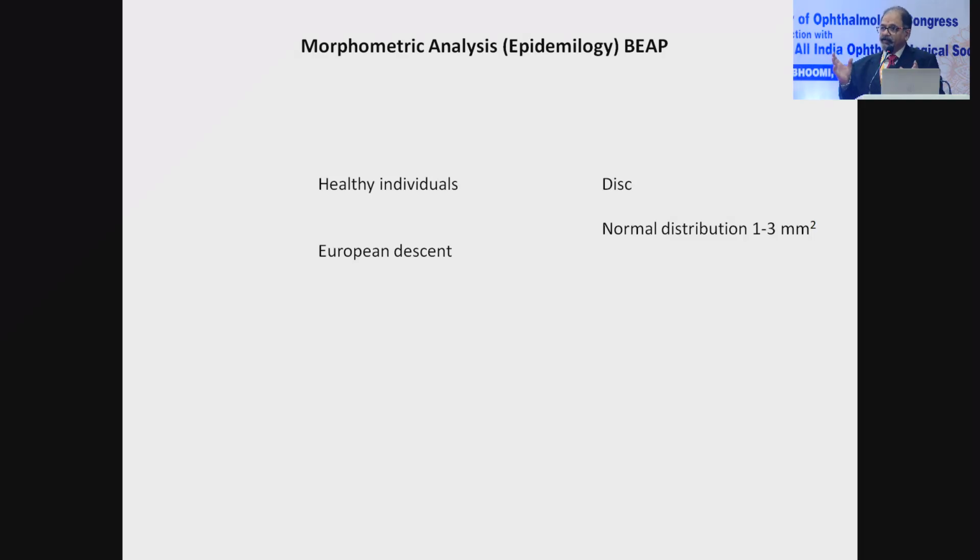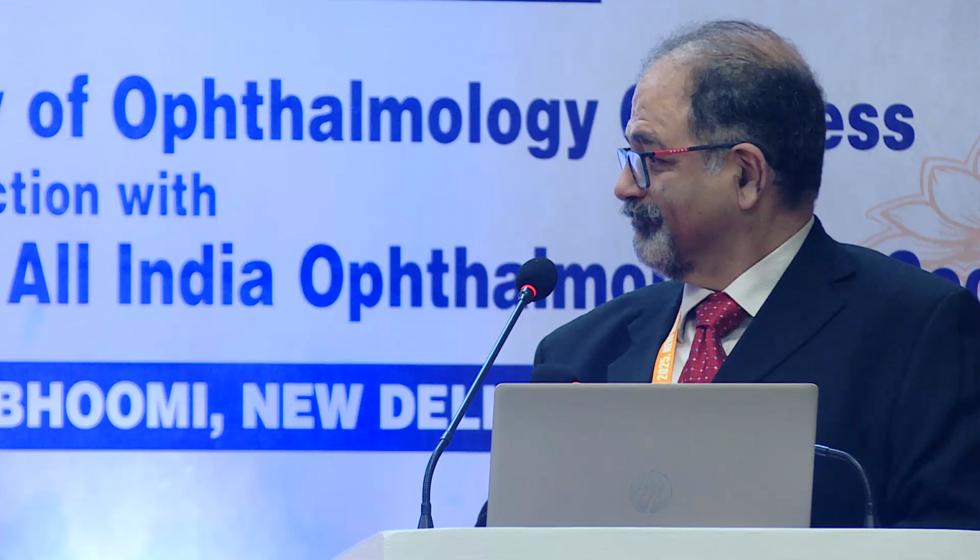But there were 15% in the 10,000 individual group who did not have any problem, who did not have any pathology, but they were still outside that. So disc asymmetry also, looking at the bigger picture, we know it's not unusual. So yes, we need to find the pathology, and we need to pick up the battles that we can fight.